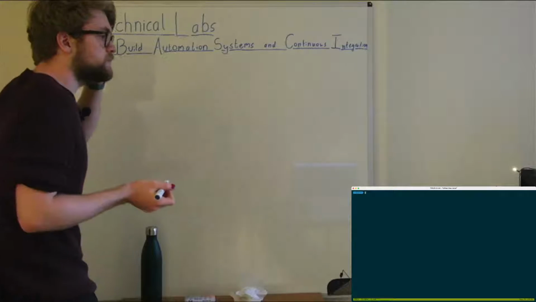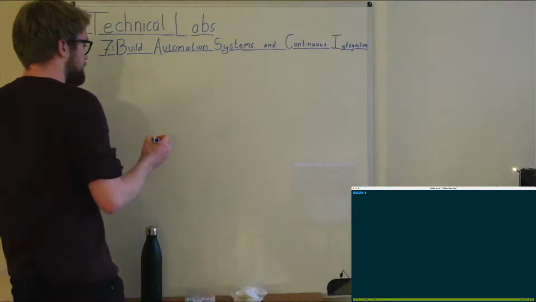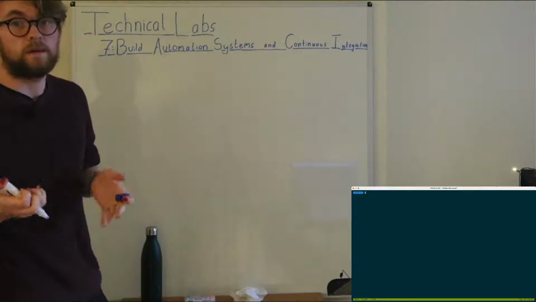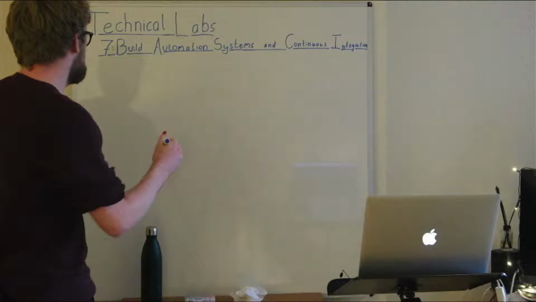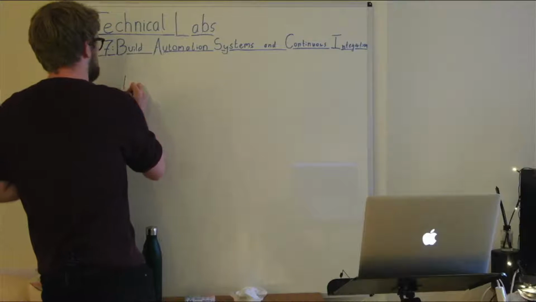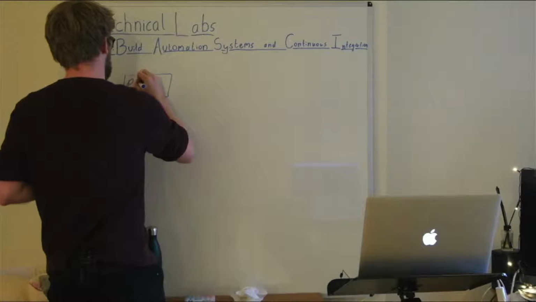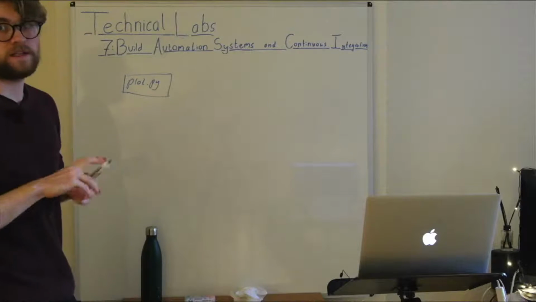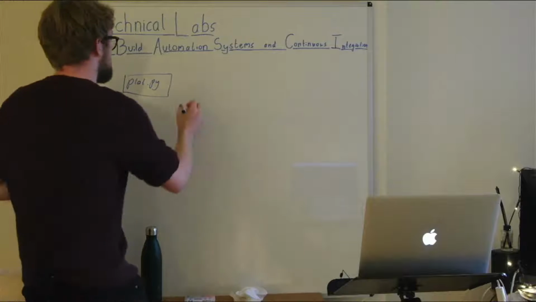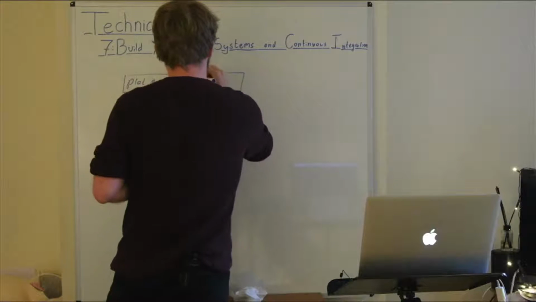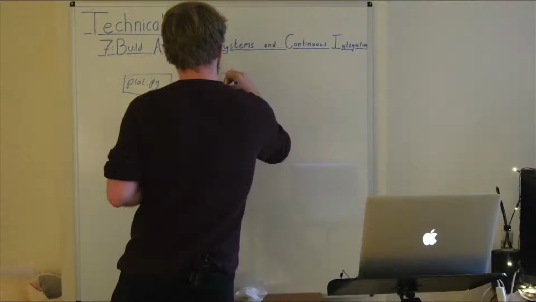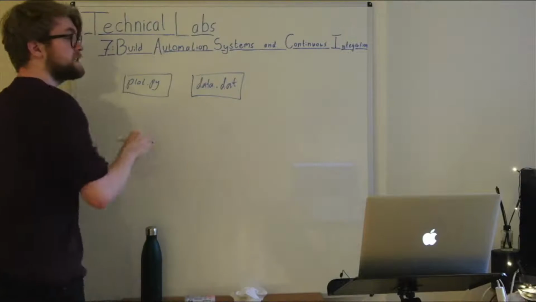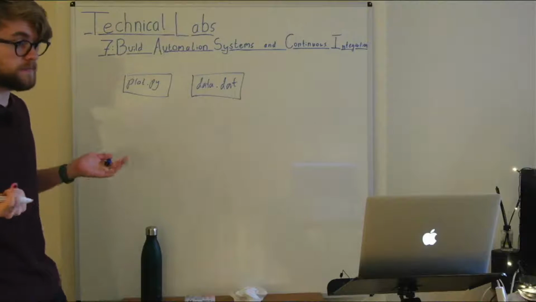So we're going to switch to drawing here. Let's go for the example we have today. What we have is a Python program that takes a set of data points and generates a graph. Then we also have a data file with just a set of data points that we want to plot.